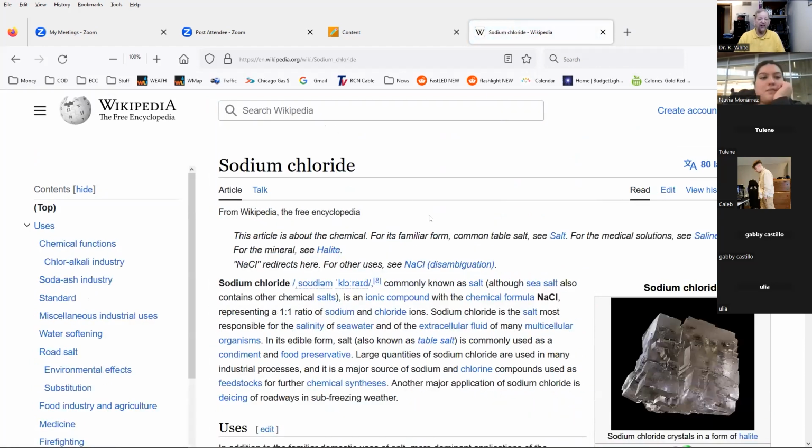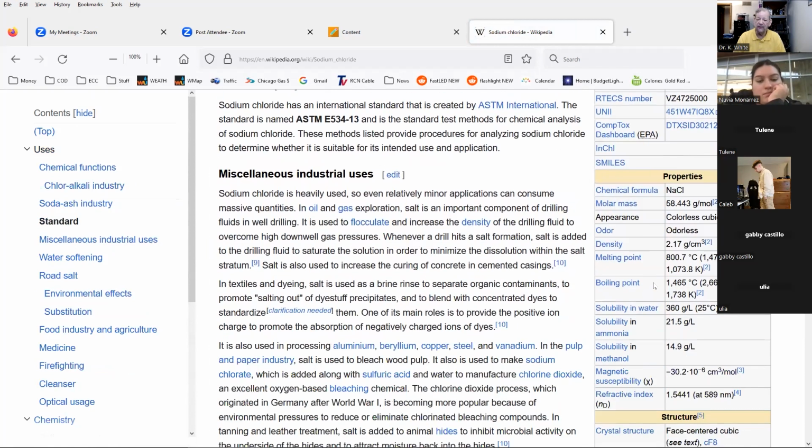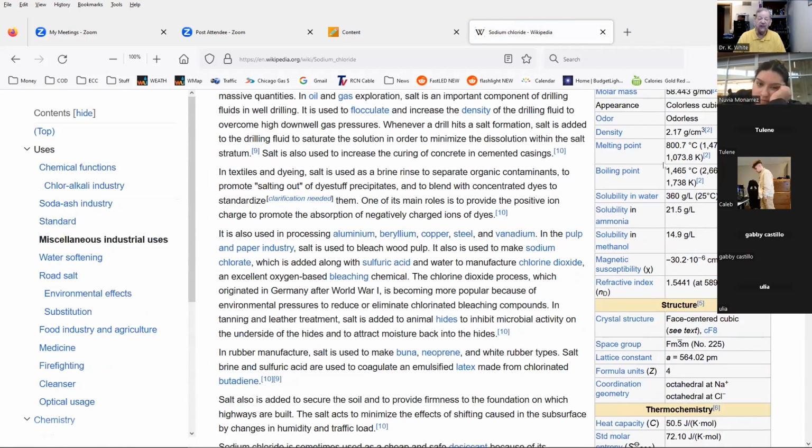Sodium chloride is table salt, also known as salt. If we scroll down, you'll see properties. Now, the melting point of salt is really high, 800.7 degrees C or 1,473.3 degrees Fahrenheit. And it boils at a high temperature too. I have never melted or boiled salt.